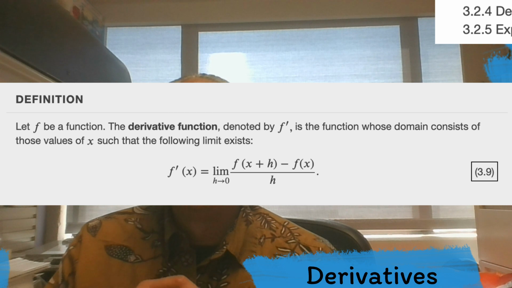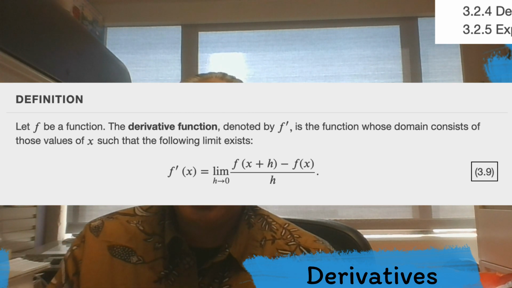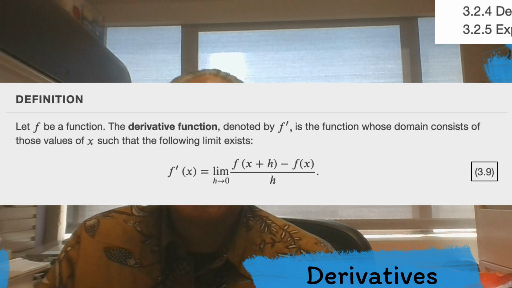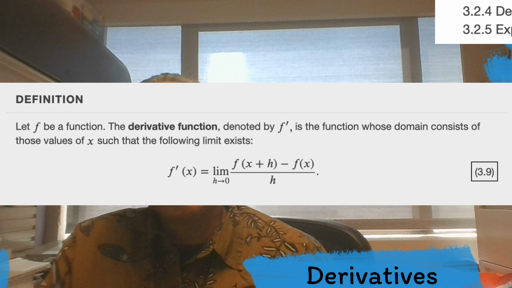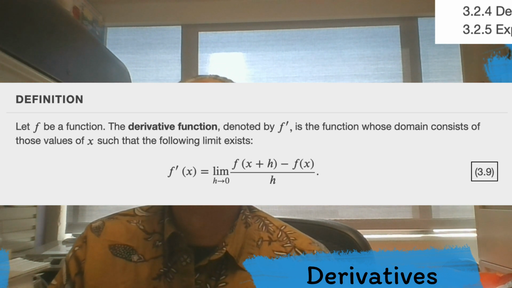But now, if we want this generically at any point, instead of putting a in, we can just leave it as x, and now we have a function. This is how a lot of our derivative shortcut formulas are going to be defined.